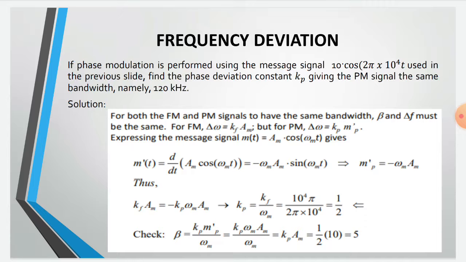Thus, kf Am is equal to negative Kp omega m Am. Kp is equal to kf over omega m, which is equal to 10 to the 4th pi over 2 pi times 10 raised to 4. Simplifying, we will have 1/2.